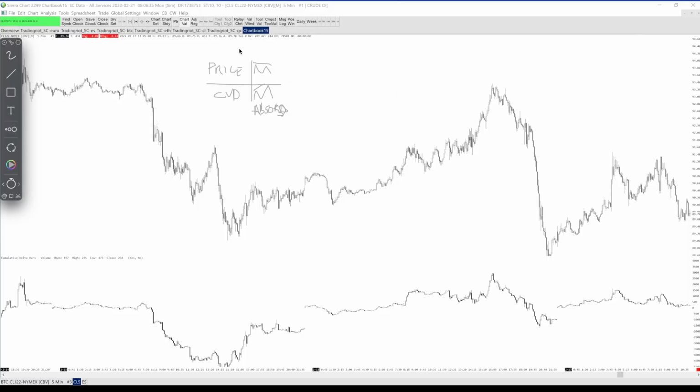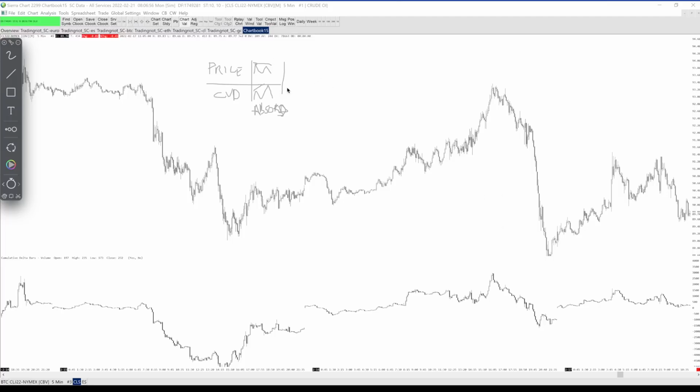The price is making a lower high, but the cumulative volume delta is making a higher high. This means that there is a large amount of market orders buying into this prior resistance, but the market is not responding to that.